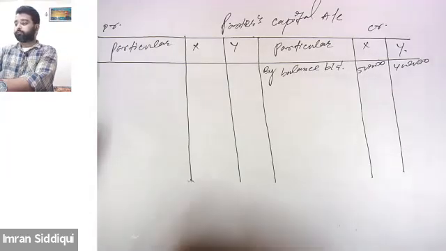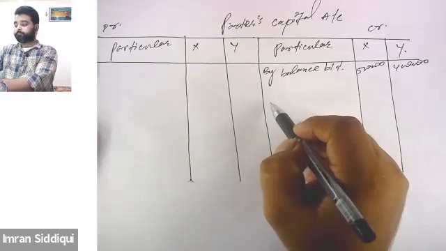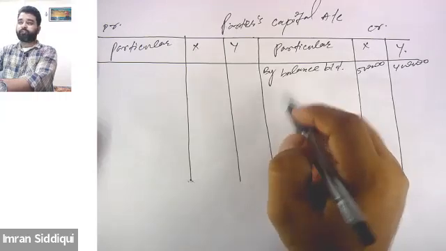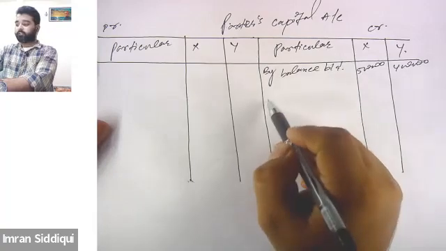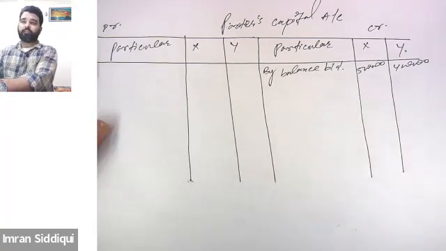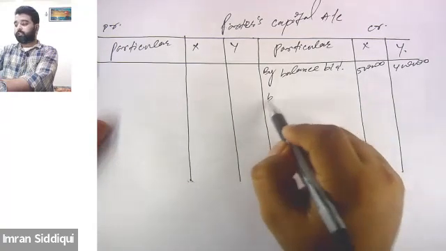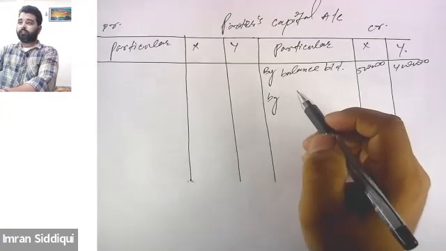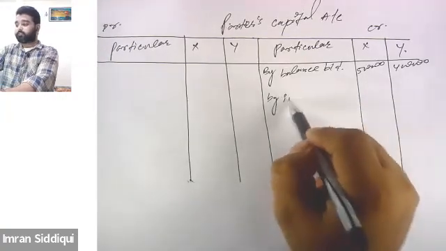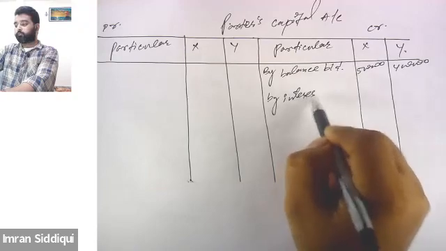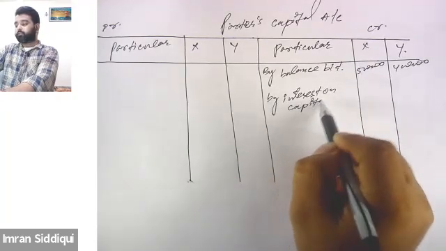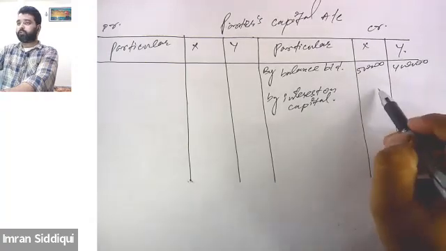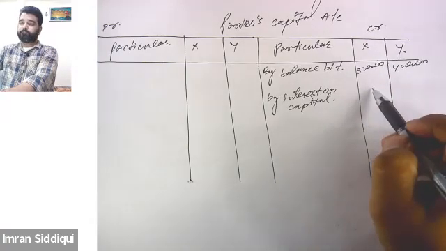For example, when we give interest on the capital contributed by the partner, whenever interest is given to the partner on their capital contribution, this will increase their capital, right? So interest on capital, if given to the partner, should be recorded on the credit side of the partner's capital account.